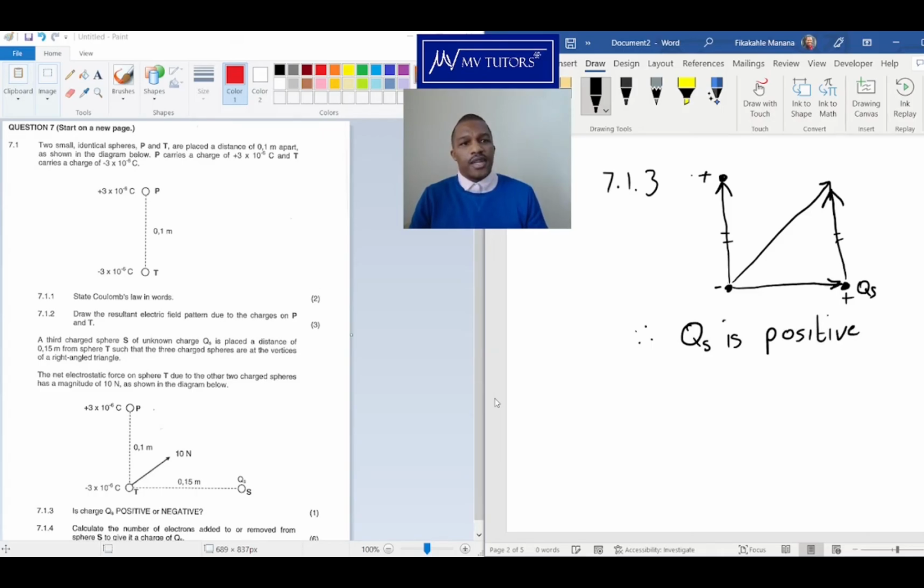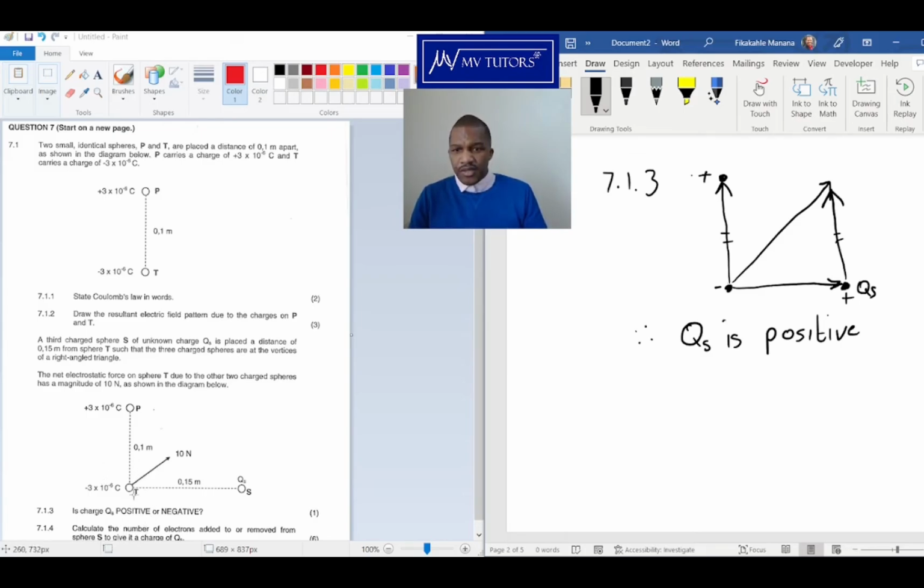It would have been negative if the resultant was going down, so that we do the head to tail, then you'll know that it's repelling. But since the negative is moving towards the positive, then it must be attractive. That's making it positive QS.